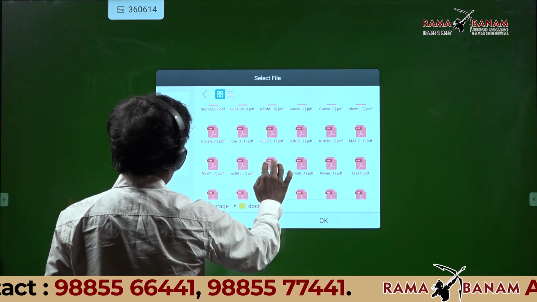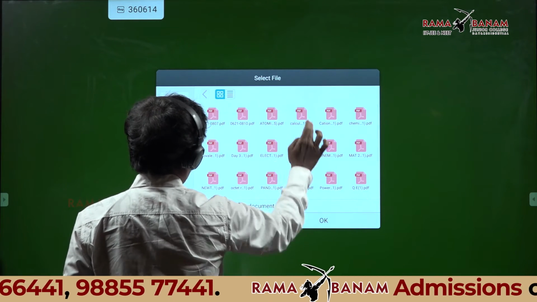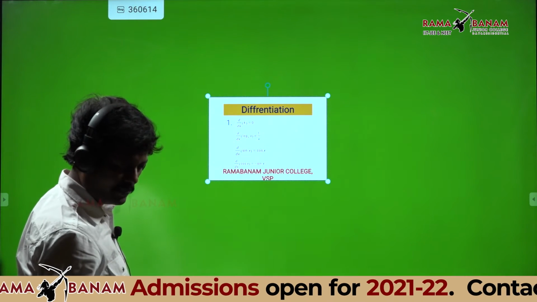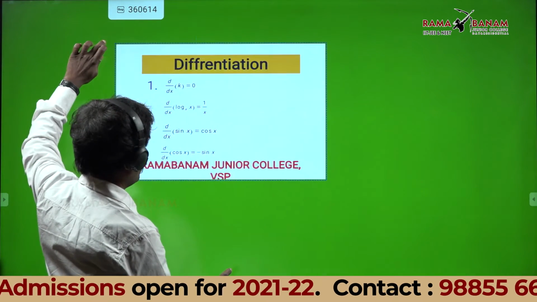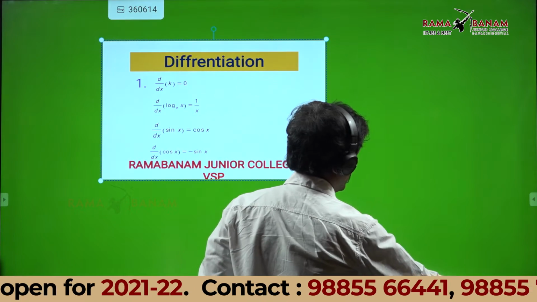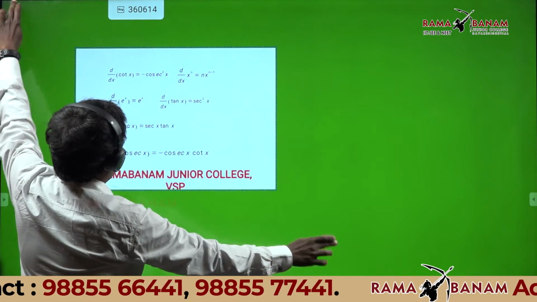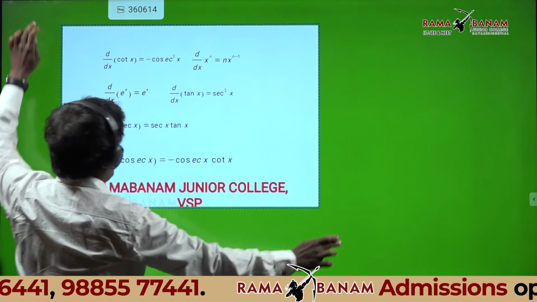What we have written. So first write down the formula. All this is over. Next is this one. Are all of you able to see clearly? Write down all this formula.